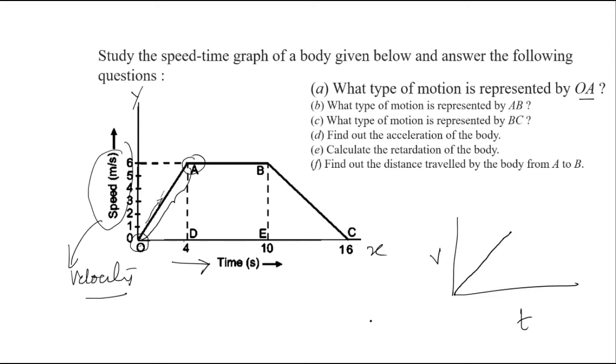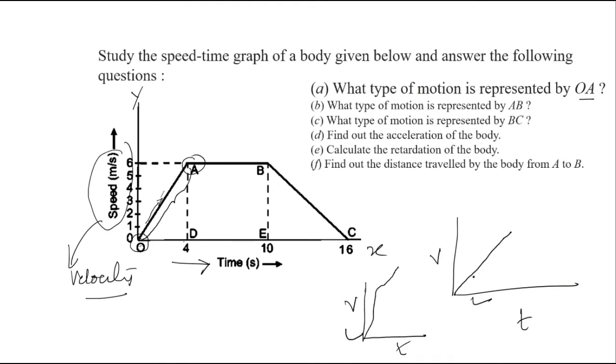It need not always be a straight line. If the velocity and time graph is here, it can even be like this. This is also velocity moving here. But what is the difference between this type of graph and this type of graph?